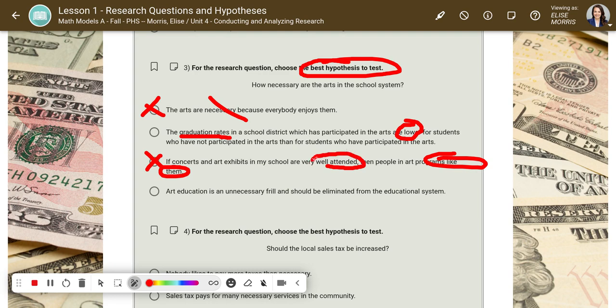This isn't even related. It's talking about attendance, okay, and liking it. We're looking at necessity here. That's graduation rates. All right, art education is an unnecessary frill and should be eliminated from the education system. Here's another opinion, just like the first one. This is not a testable specific hypothesis related to how necessary they may be.